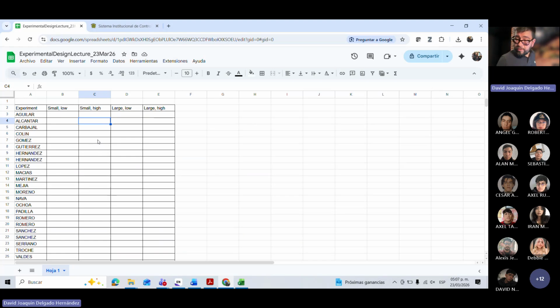So can you please verify if it is possible to access this Excel file through the link? And you are going to record here the distances.